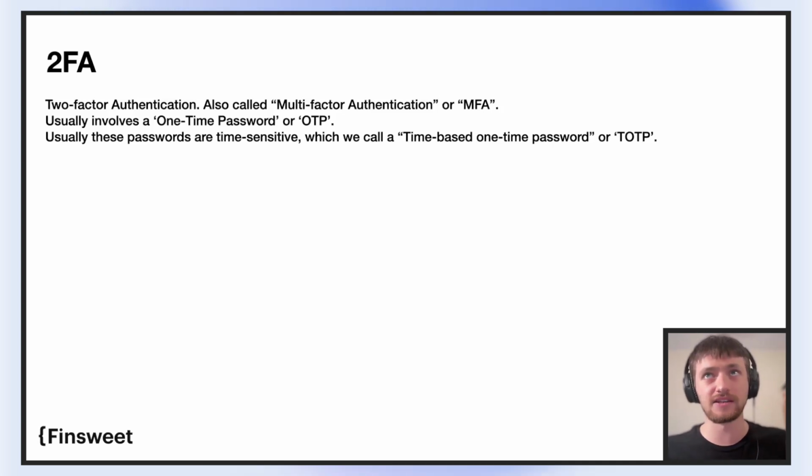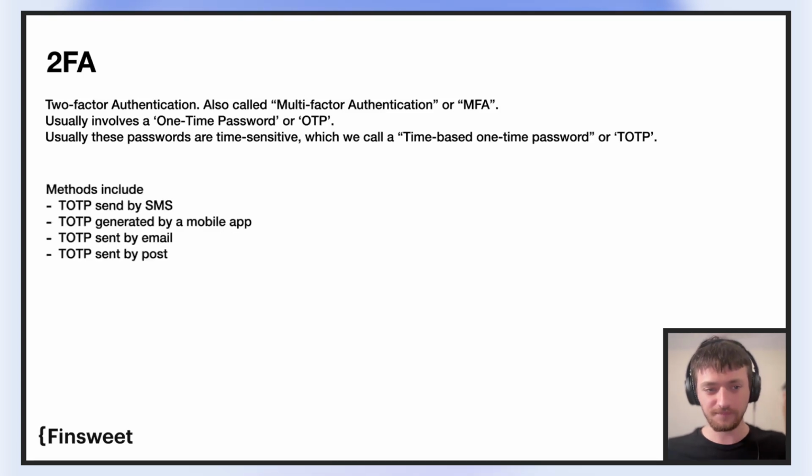So if you're logging into Facebook, for example, and you get a text that you have to enter a six-digit code, that's a TOTP because they'll generally expire after a certain amount of time. So it might say your verification code will expire in 5 minutes. That's a TOTP. And it just adds an extra layer of security because if someone gets it and it expires, if they don't use it quickly enough, it's gone and you have to get another one.